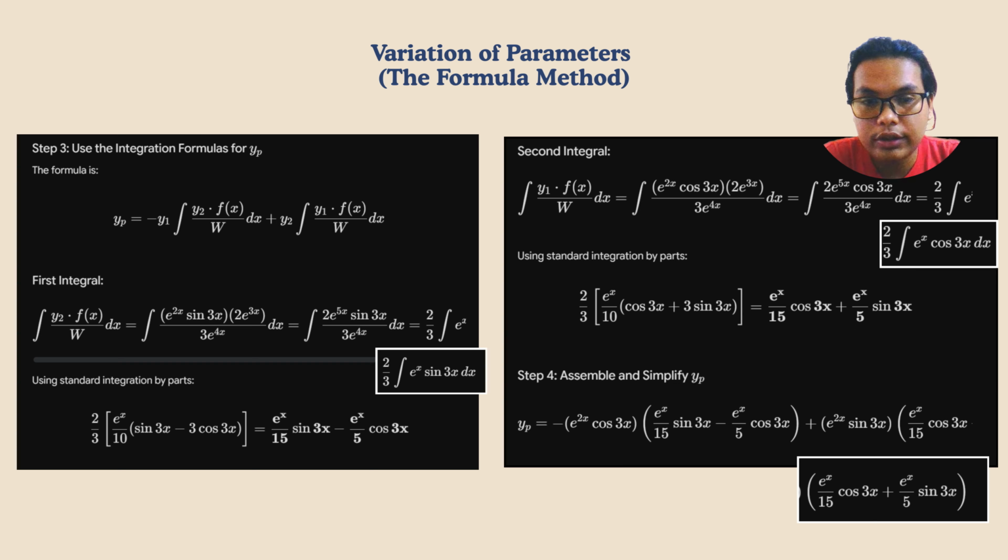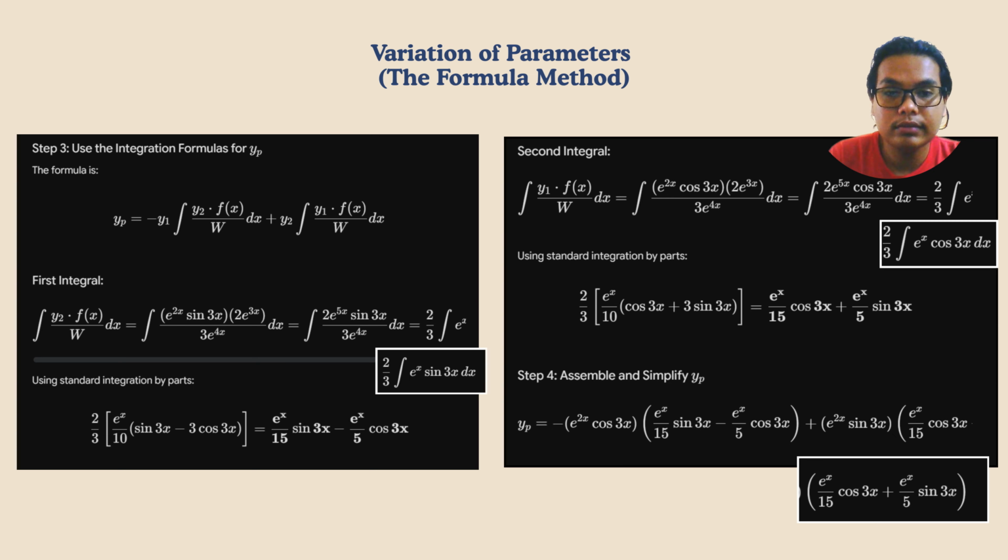Using standard integration by parts, we get 2/3 times e^x over 10 times (sin 3x minus 3 cos 3x), which after we calculate gives e^x/15 sin 3x minus e^x/5 cos 3x.